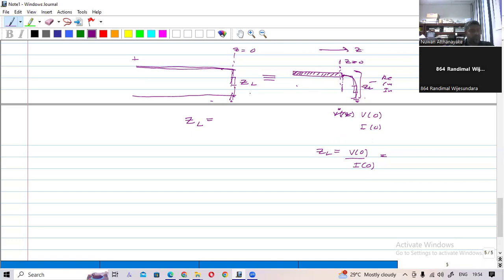So in our usual notation, V0 plus is the forward voltage, V0 minus is the backward voltage, and I0 plus is the forward current, I0 minus is the backward current. So what is V naught? V naught is nothing but V naught plus V naught minus, divided by I naught, which is I naught plus I naught minus.